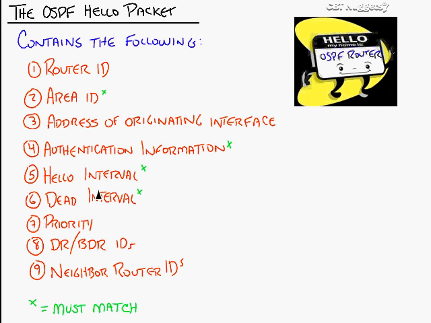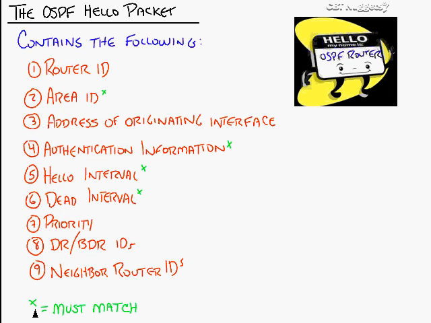The priority of the router, that's the information it uses to elect the designated and the backup designated router for OSPF. And we'll take a look at what those routers are in just a moment. It will contain the designated router and the backup designated router IDs, as in the specific identification address it's using for OSPF, and all of the neighbors that it knows about will be listed in a hello packet. So when it sends a hello to a neighbor, it's going to say, hello, I am a router, and these are the people I know about right now.